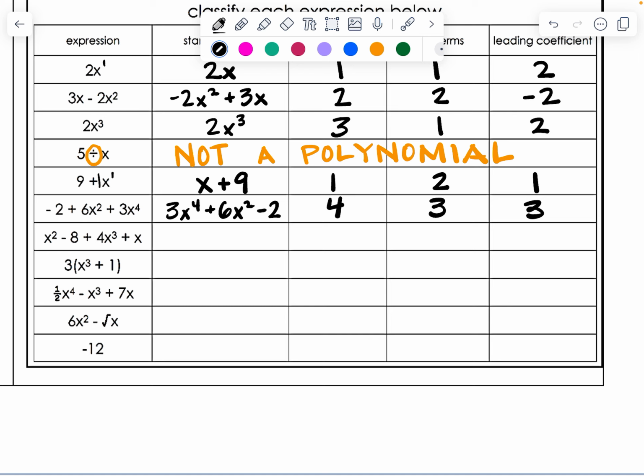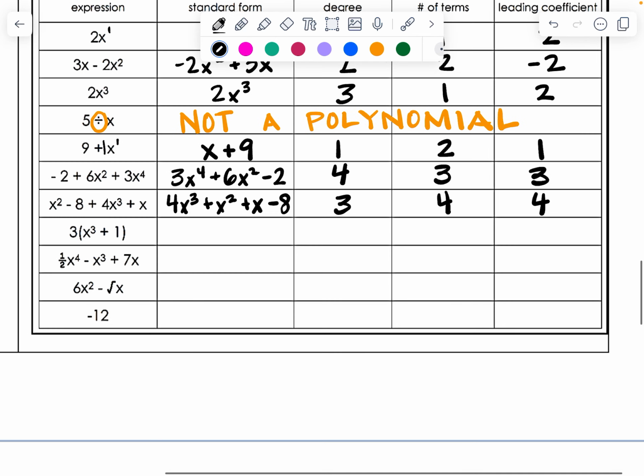Rewriting the next one in standard form, we'd start with 4x cubed plus x squared plus x minus 8. There are 4 terms in that one. The degree is 3, and the leading coefficient is 4. The next one has parentheses.